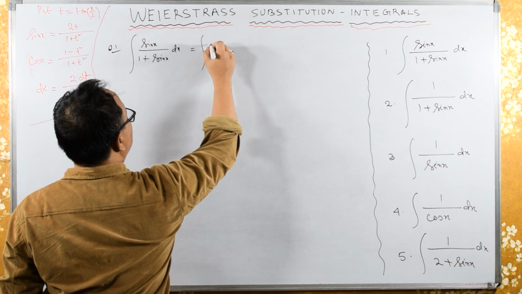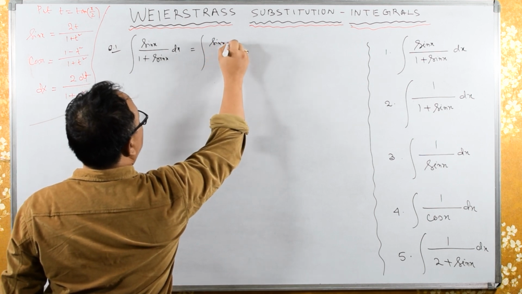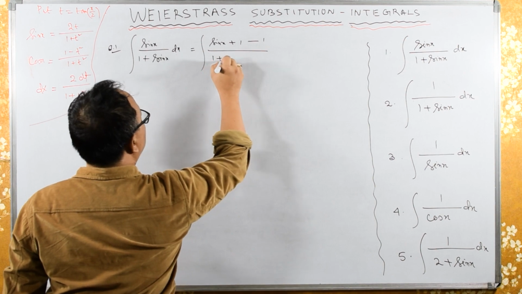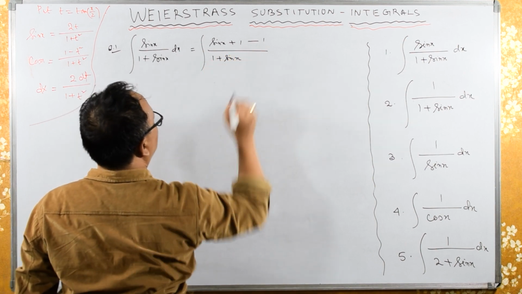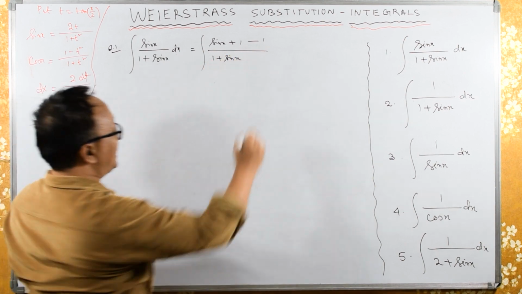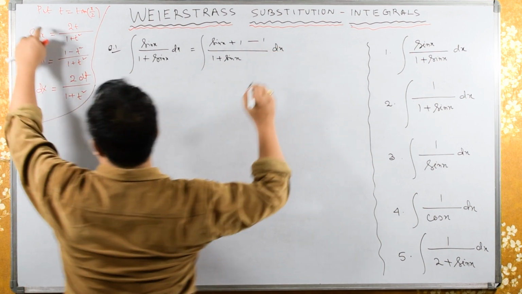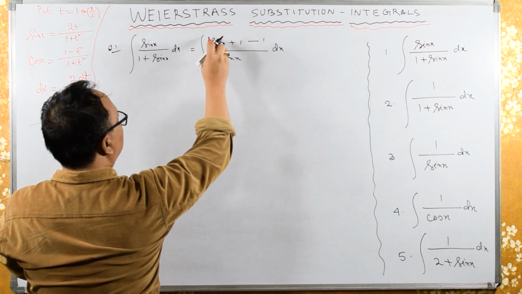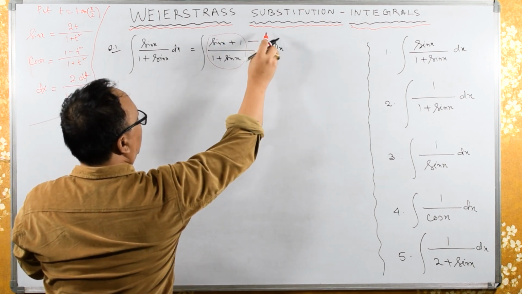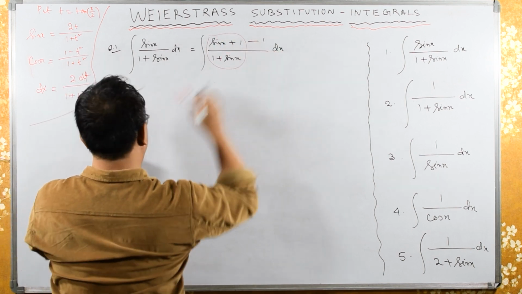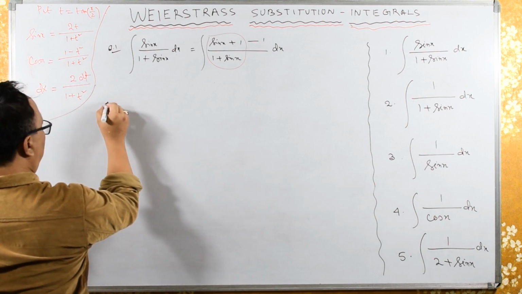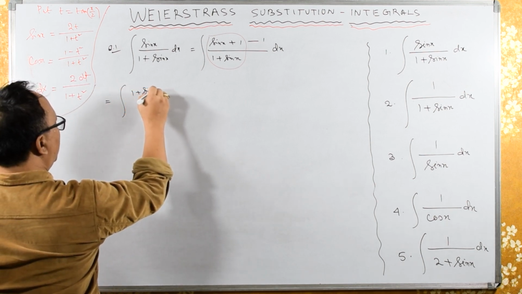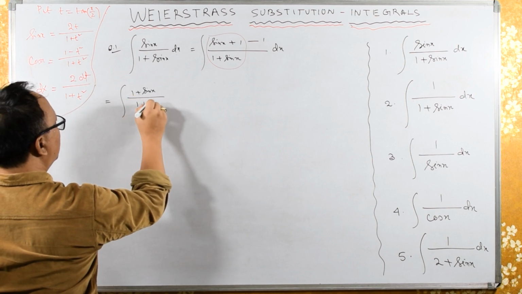Sin x is the same as sin x plus 1 minus 1 upon 1 plus sin x. Here plus 1 minus 1 gets cancelled. So this is the same as the integral of 1 plus sin x upon 1 plus sin x.